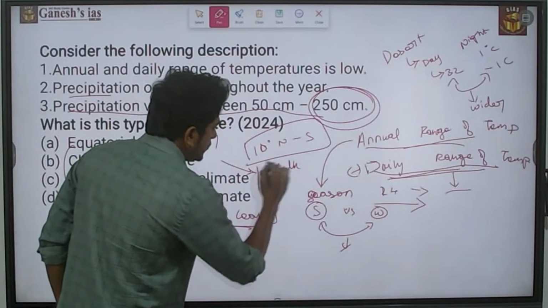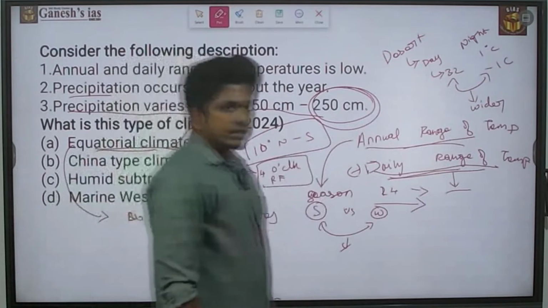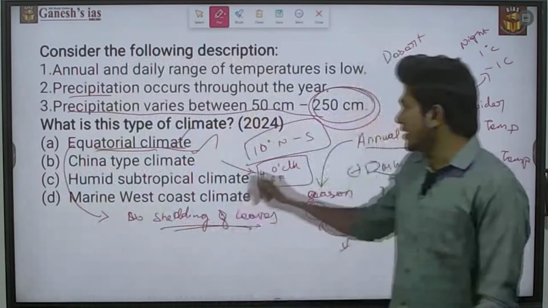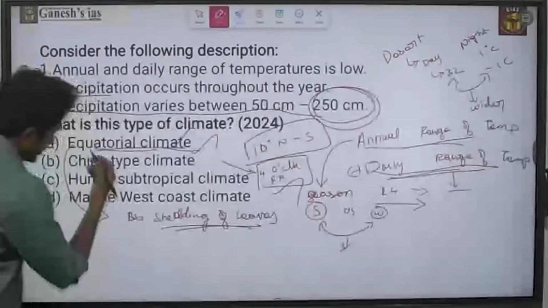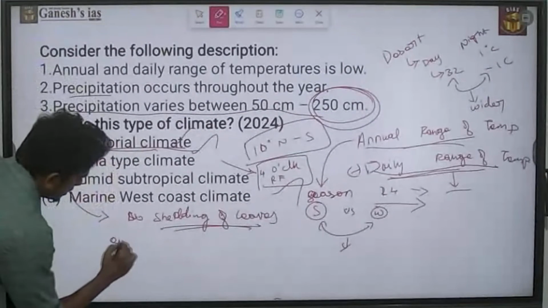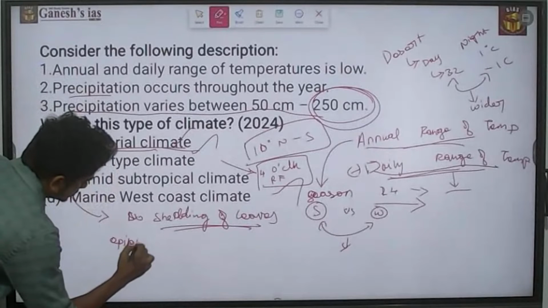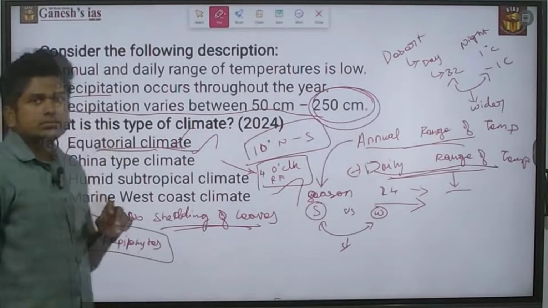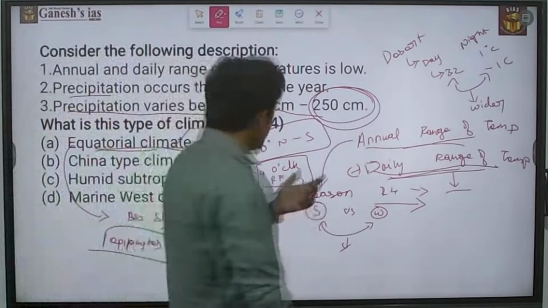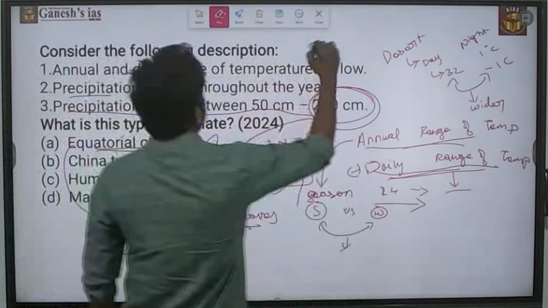Every day at 4 o'clock, there will be rainfall. Also, the equatorial climate contains epiphyte plants, and it also contains insectivorous plants.